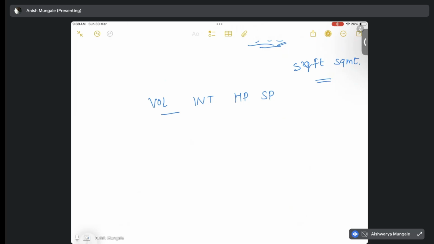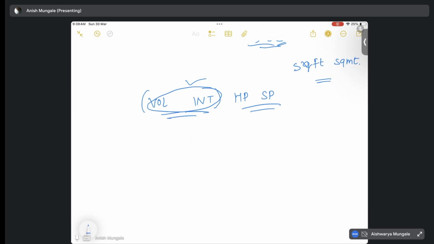Similarly, if we keep both volume and weight, and SP and HP, the interpretation will be wrong. Is this clear? As these two are dependent, we don't want dependent variables, so we will eliminate one of these.